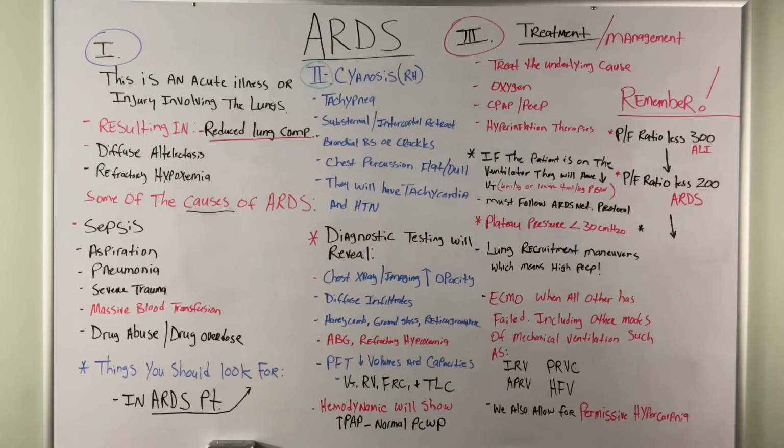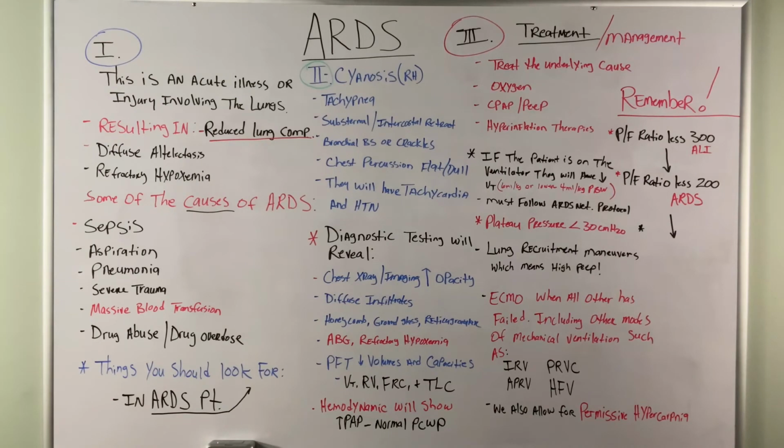Now, if the patient is on the ventilator, and that goes without saying, because most of these patients will be on the ventilator, they will have a decrease in tidal volume. Remember, on the TMC exam, the tidal volume will be lower than 6 to 8 milliliters per kilogram predicted body weight.